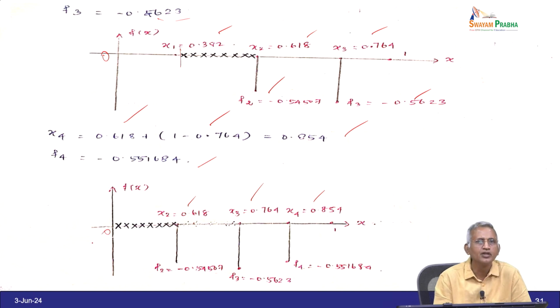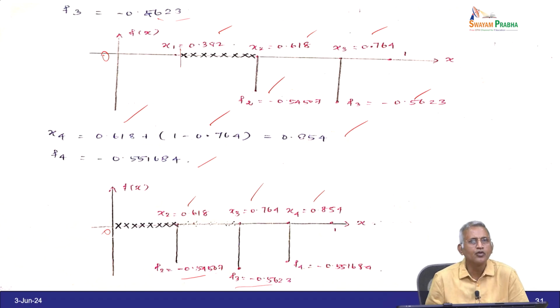Omitting 0 to x2 because f2 equal to minus 0.54, f3 is minus 0.56. So, comparing f2 and f3, f3 is lesser than f2, and comparing f2 and f4, f4 is lesser than f2.